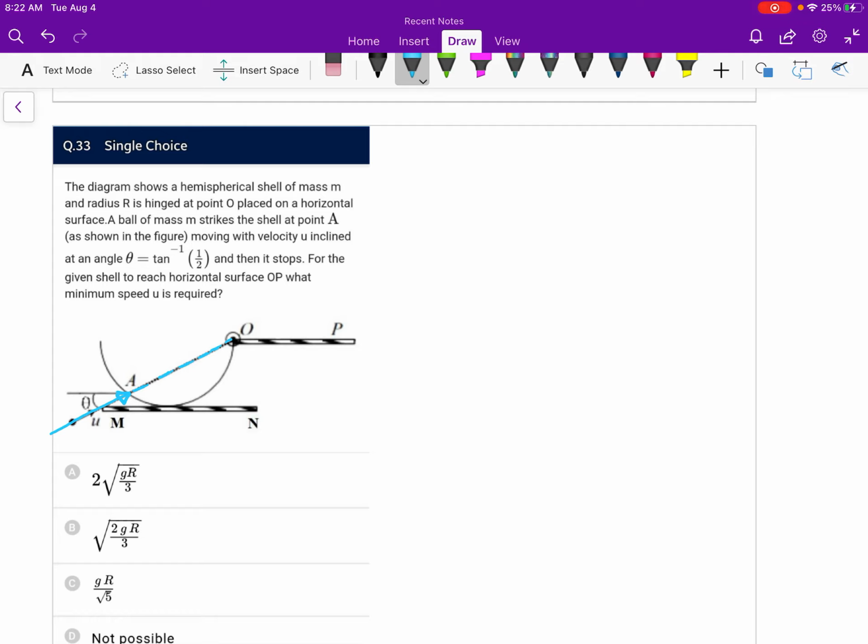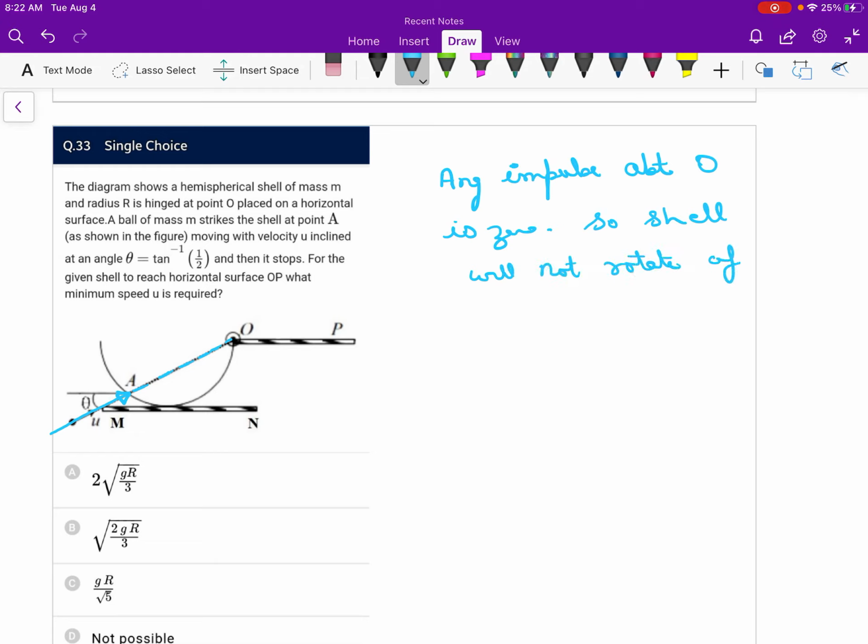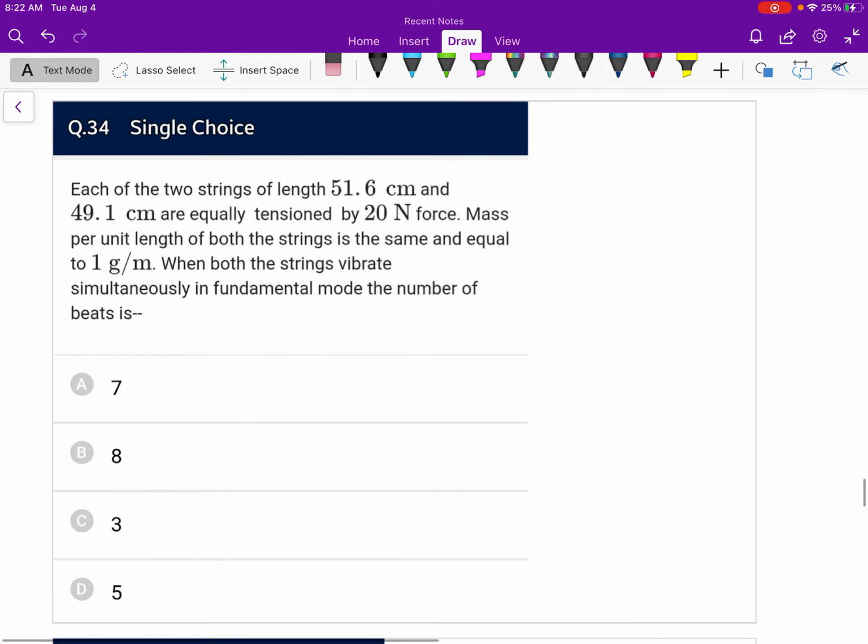So angular impulse about O is 0. So shell will not rotate after the impact. So not possible. So D is the correct option.